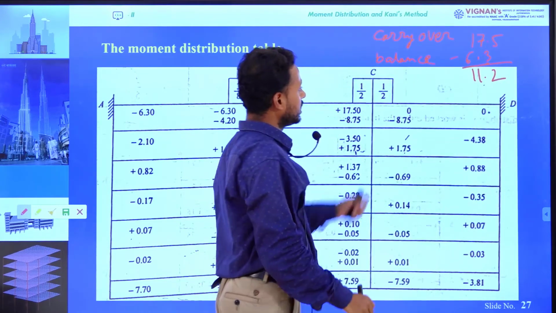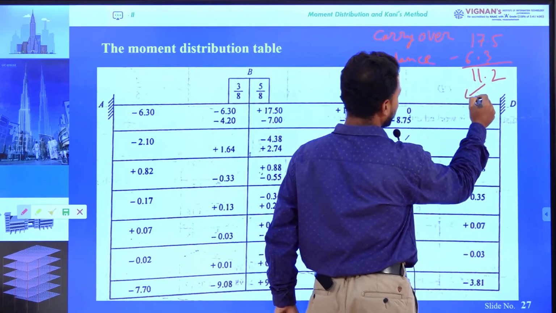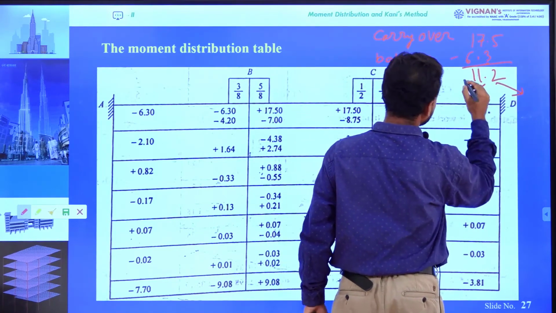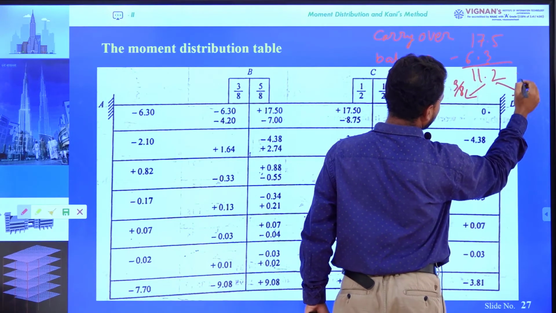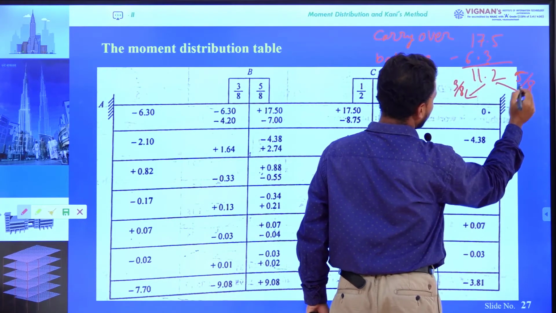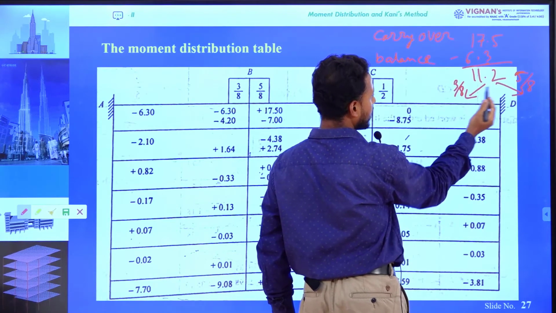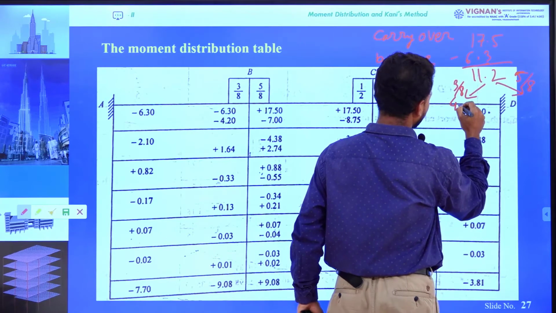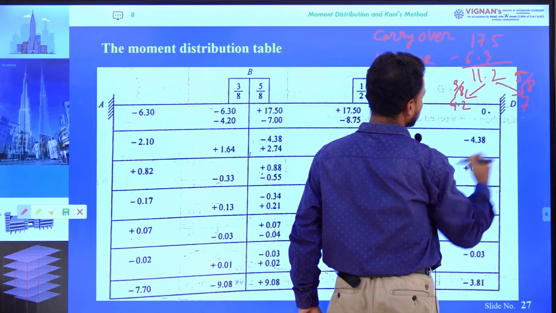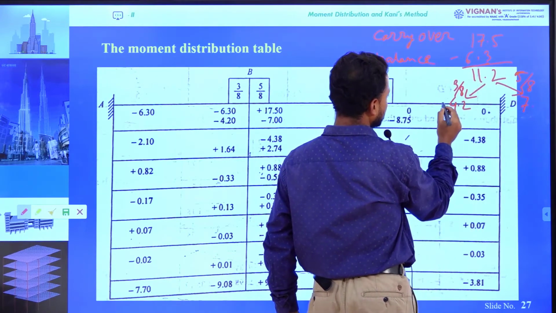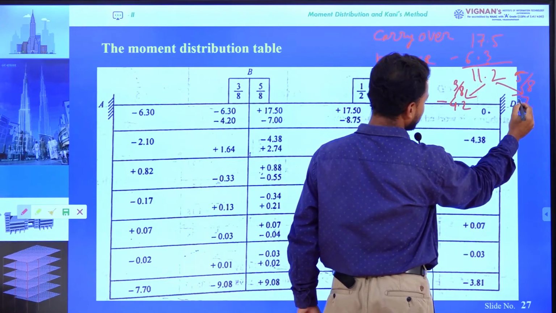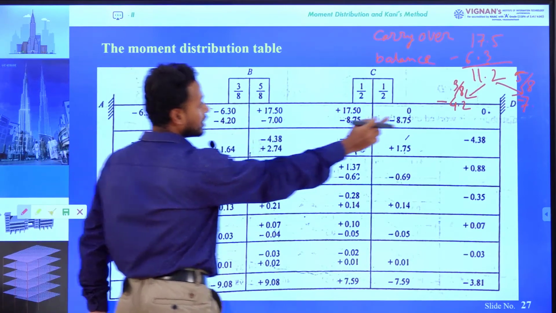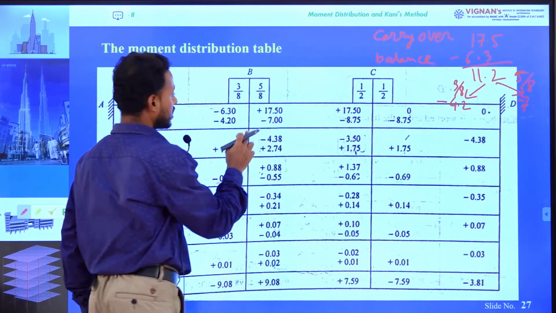With this 11.2, you multiply the distribution factors, 3 by 8 and 5 by 8. If you multiply 11.2 with 3 by 8 and 5 by 8, you will get 4.2 and 7. And as this is positive, this 4.2 will be negative and this 7 will be negative; you write negative 4.2 here and negative 7 here.